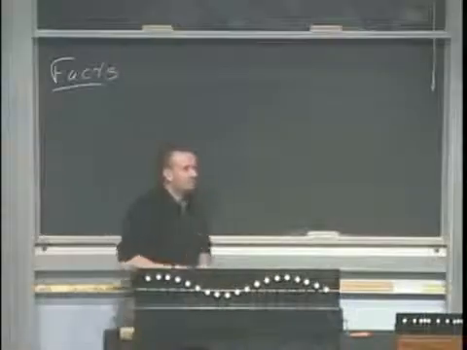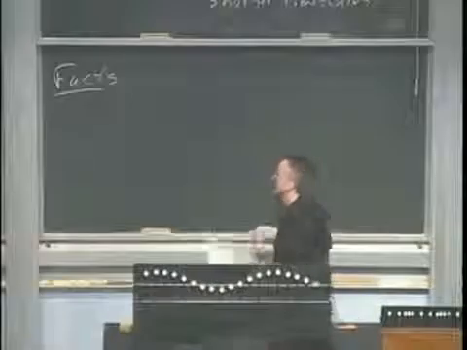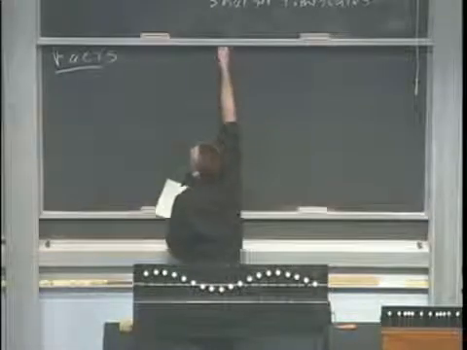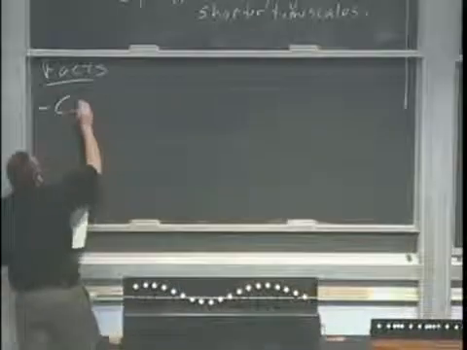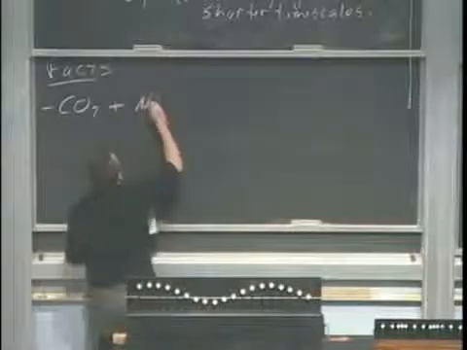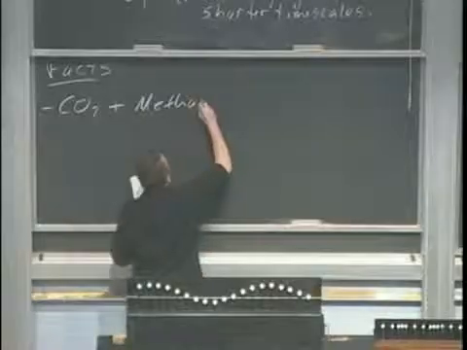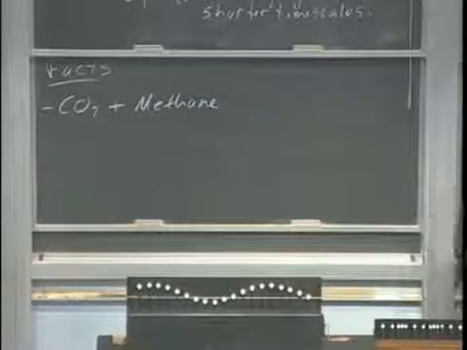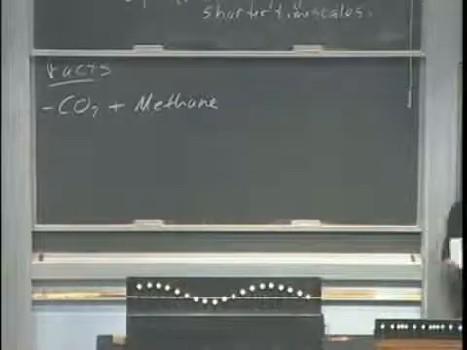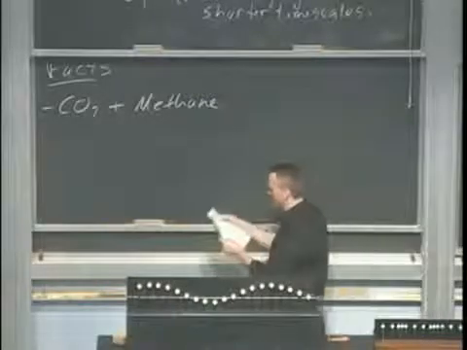okay, so the first one, which I'd say is indisputable, is that carbon dioxide, CO2, and methane have increased dramatically over the last century in the atmosphere. There have been a lot of measurements of this, so this is pretty indisputable.